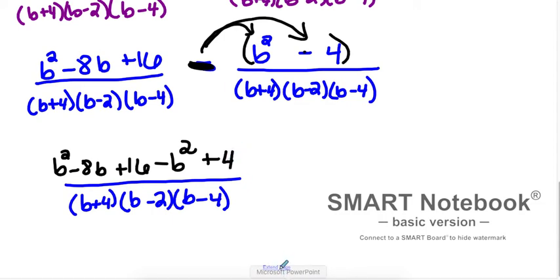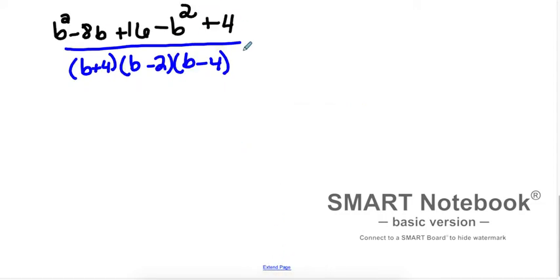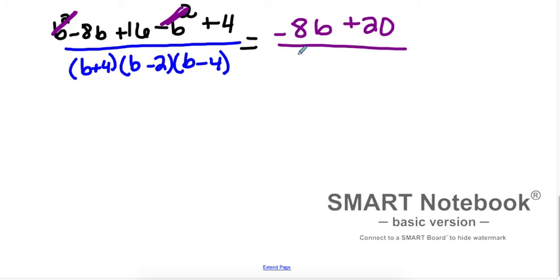All right, hopefully you're following me so far. Okay, let's cross some stuff out. So I see this b squared and a negative b squared, so these are going to cancel, right? Okay, so then I'm left with negative 8b from here, and then 16 plus 4, that's plus 20, right?